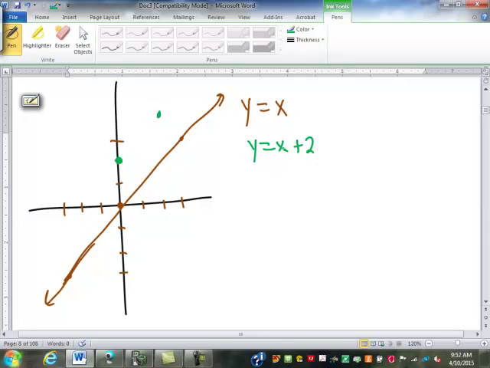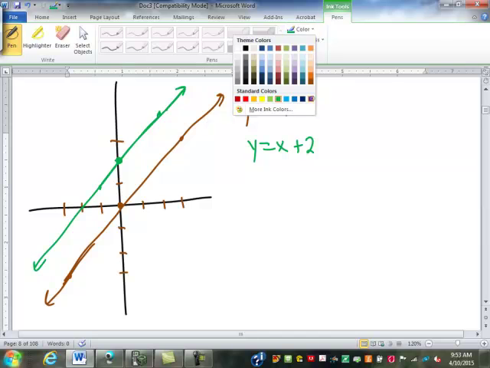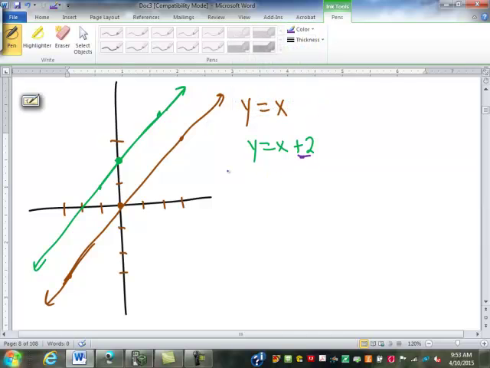Up here. If x were negative 1, well, negative 1 plus 2 is positive 1. It would look like this. And what we get is a line that goes across the graph at the same angle, but it's just moved up 2 spots. So that adding 2 appears to just move it up 2 spots.